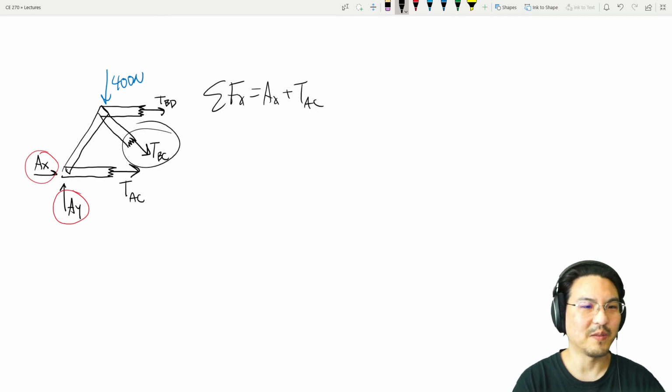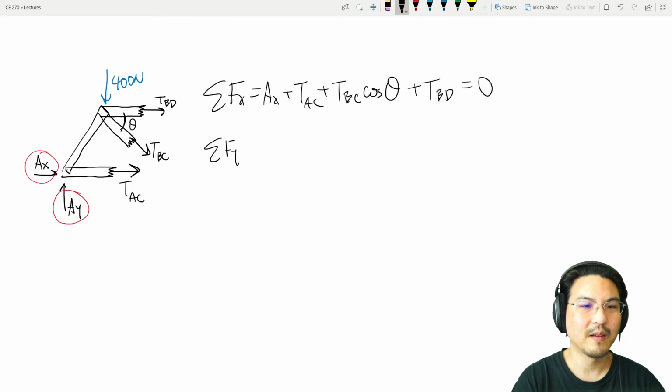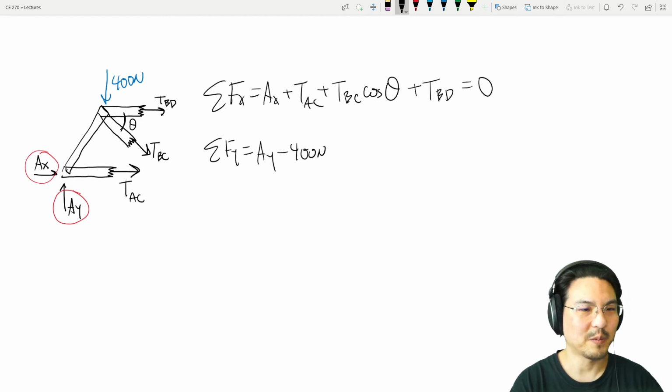The x component of this, we know this angle right here, right, is 60 degrees, plus TBC cosine that, and then this one. Okay, and then y, okay, here, AY, this, and the y component of this, minus TBC sine 60.